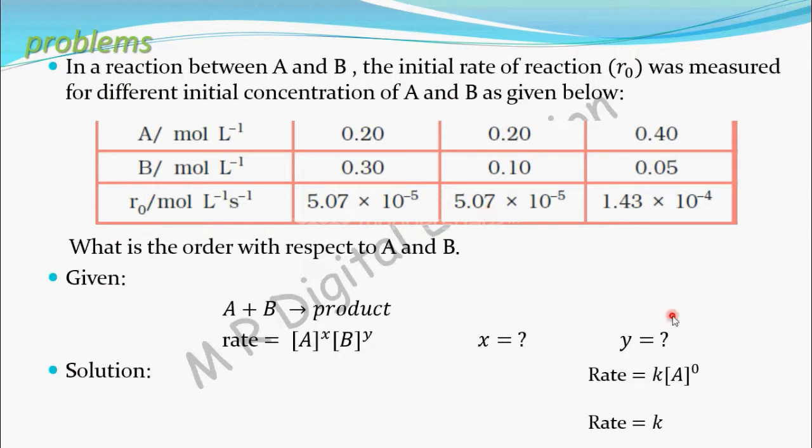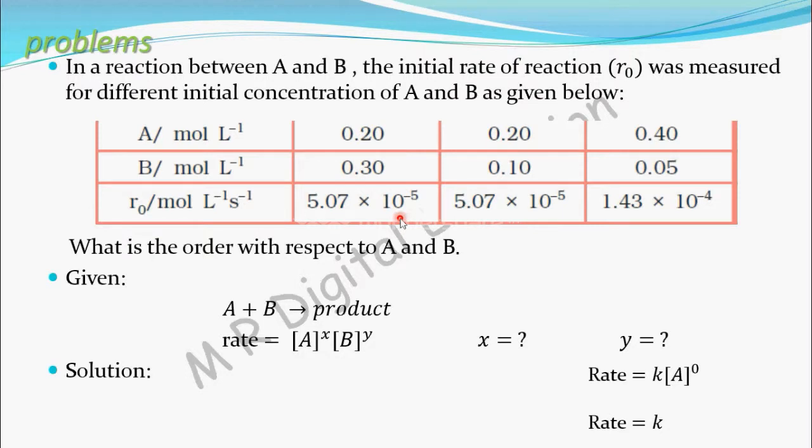You know that for a zero order reaction, whatever you do to the concentration of the reactant, increase or decrease, the rate will always remain the same. So in these two experiments, even though you decrease the concentration of reactant B, rate is remaining the same.